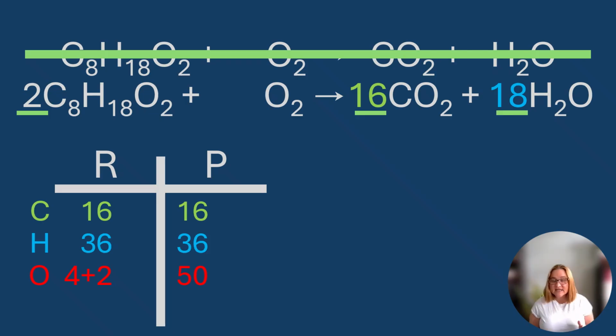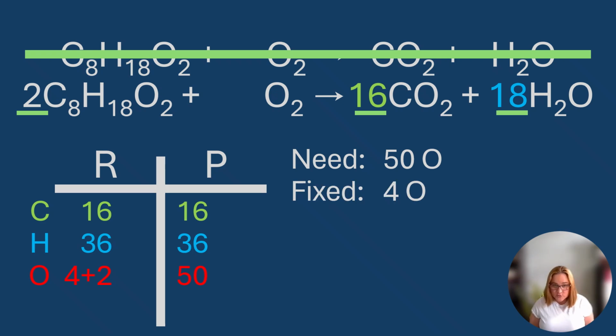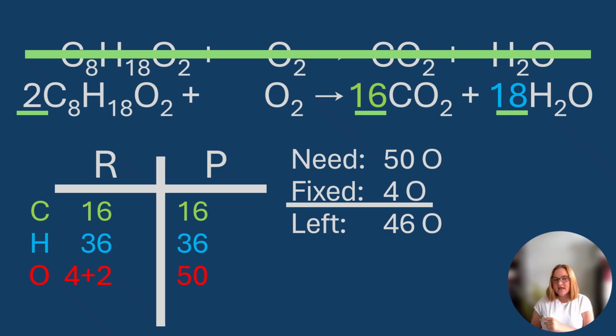I know that I need a total of 50 oxygen atoms on the reactant side because that is what I have on the product side. I also know that there happen to be 4 oxygen atoms that I refuse to mess with: 2 atoms each from the 2 molecules of my organic compound. Consider these fixed, meaning unchangeable. Now that leaves me with a deficit of 46 oxygen atoms on my reactant side.